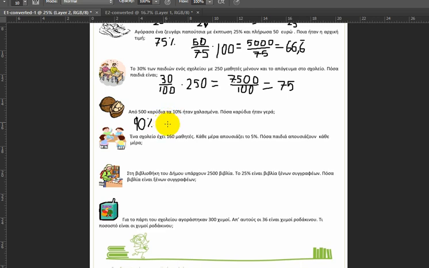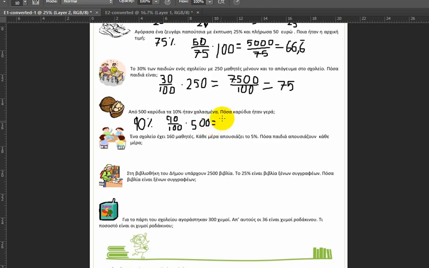90% of 500. So here I know the percentage that we can eat, and we know the total, 500. So I want 90% of 500. So again, I'm going to say 90 over 100 times 500. 90 times 500.